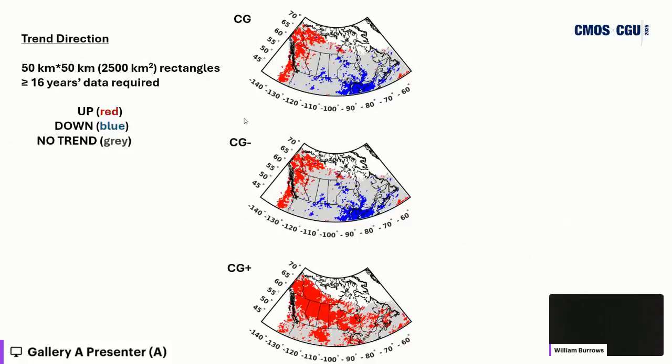This is in the 2,500 square kilometer equal area rectangles. And what you see is the red is uptrend, the blue is downtrend, and the gray is no trend. In the far west and in the north, you see an uptrend of total lightning. Negative lightning is very similar to total lightning, so I won't talk any more about that.